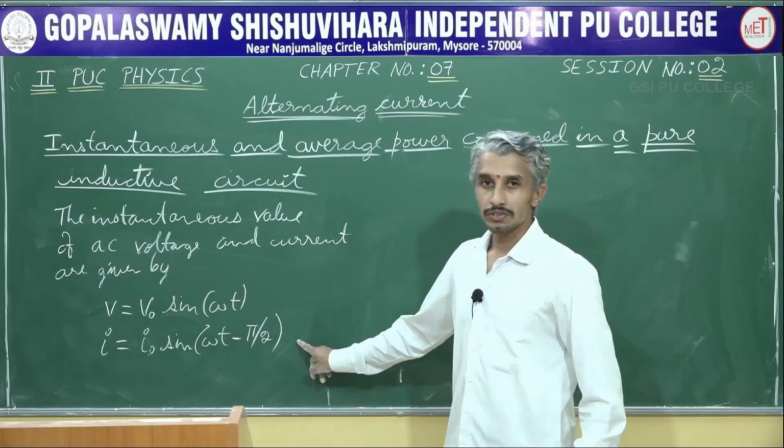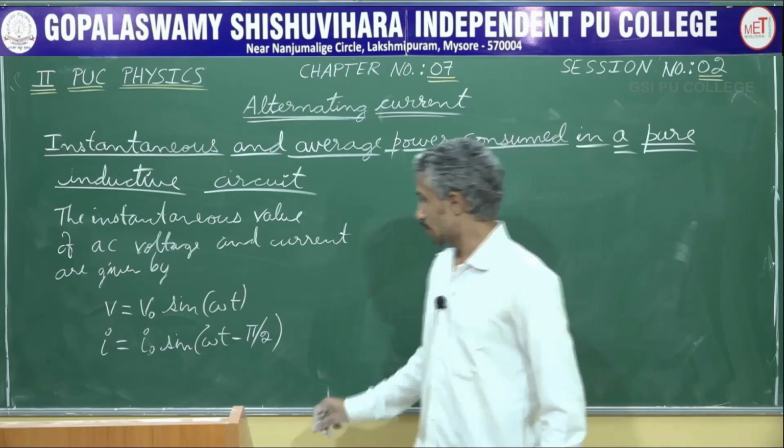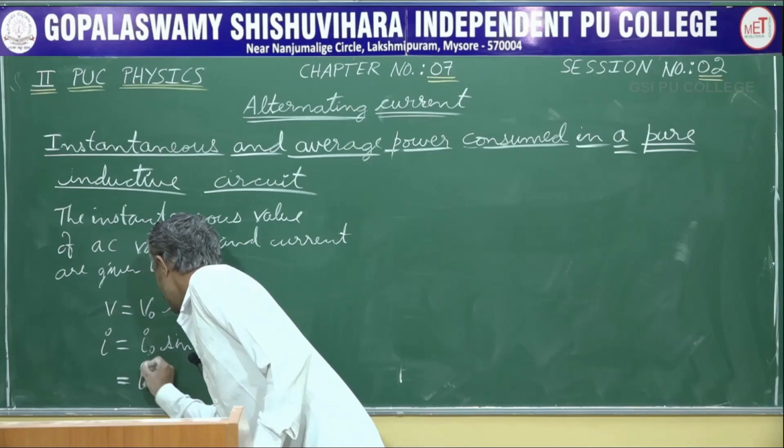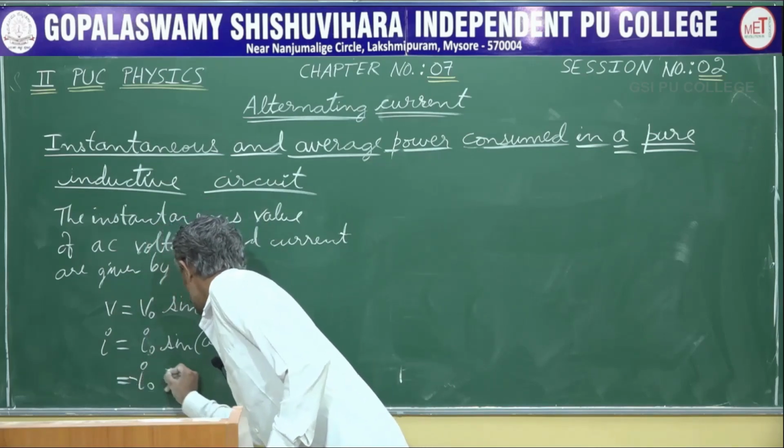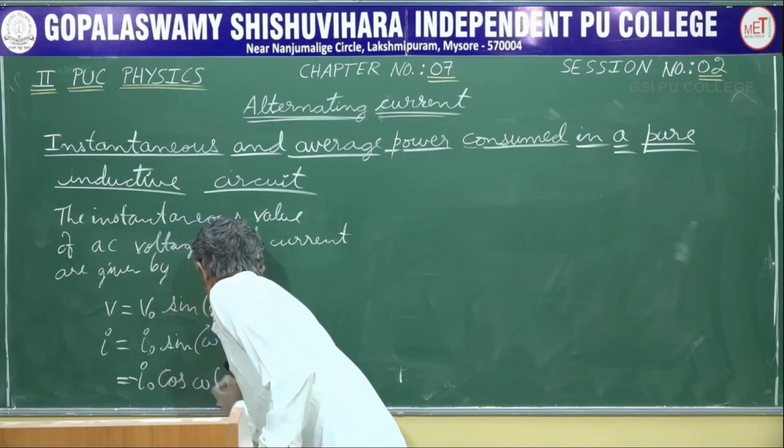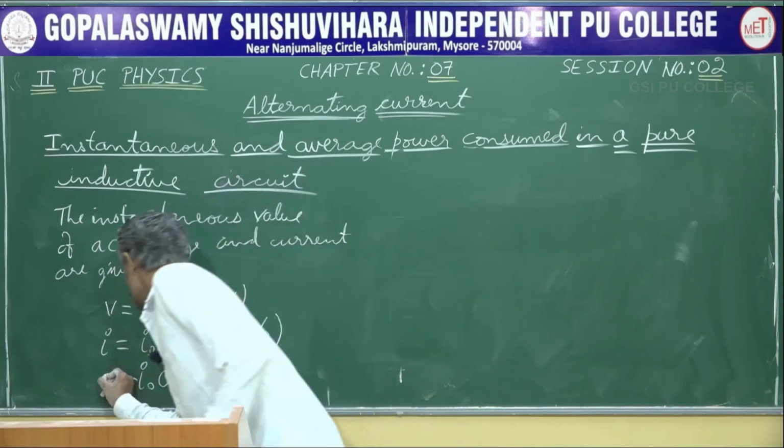For the sake of convenience of further calculations, this can be written as I is equal to minus I naught into cos omega t.